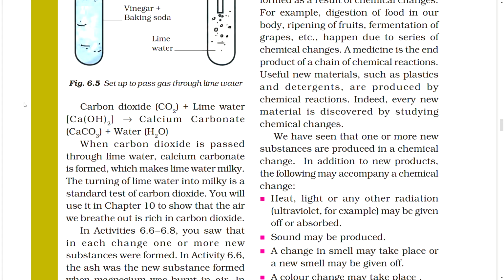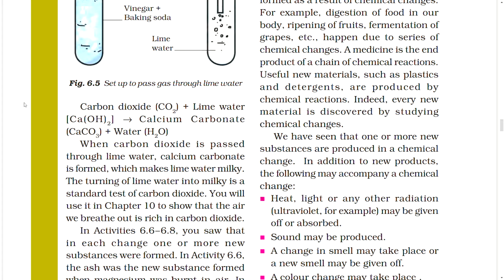When carbon dioxide is passed through lime water, calcium carbonate is formed, which makes lime water milky. The turning of lime water milky is a standard test for carbon dioxide. You will use it in a later chapter to show that the air we breathe out is rich in carbon dioxide.